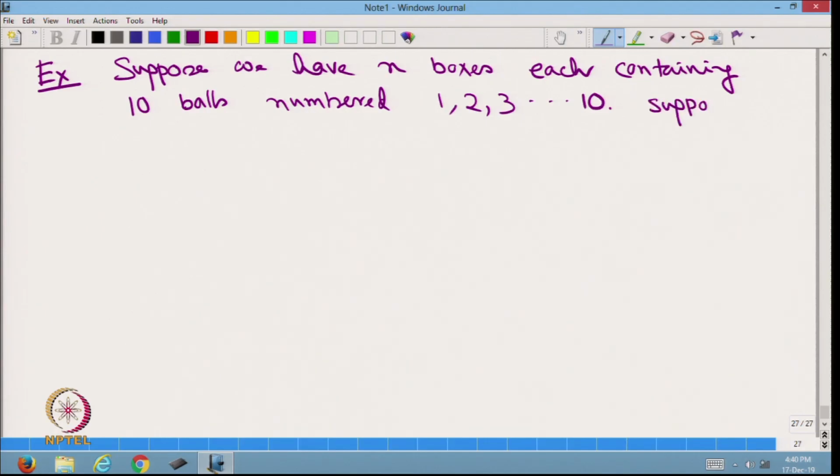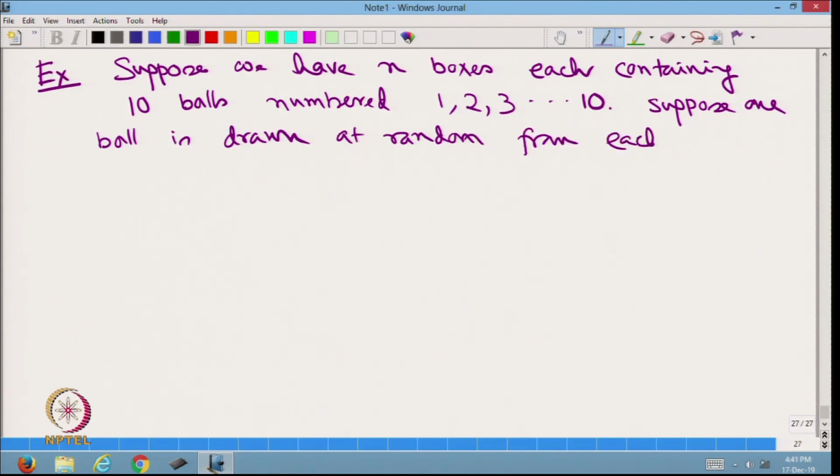Suppose one ball is drawn at random from each box.